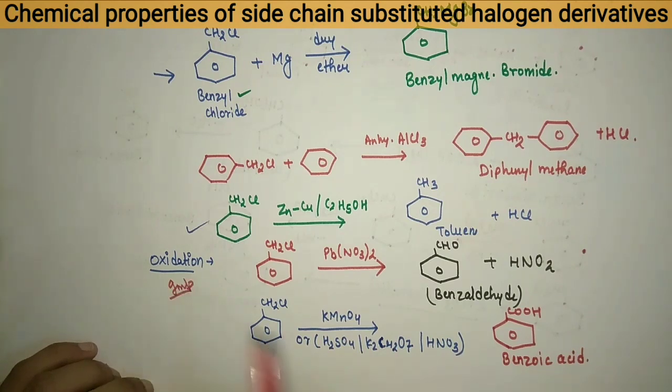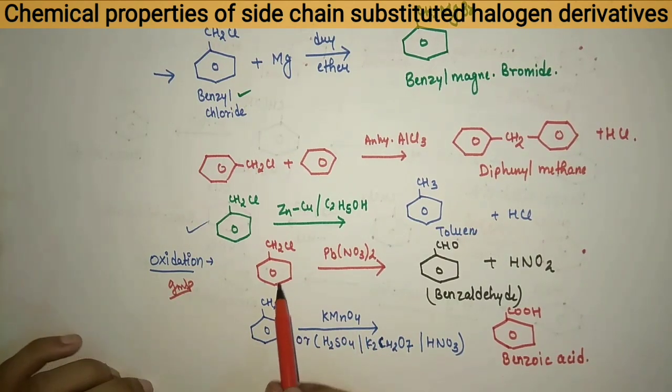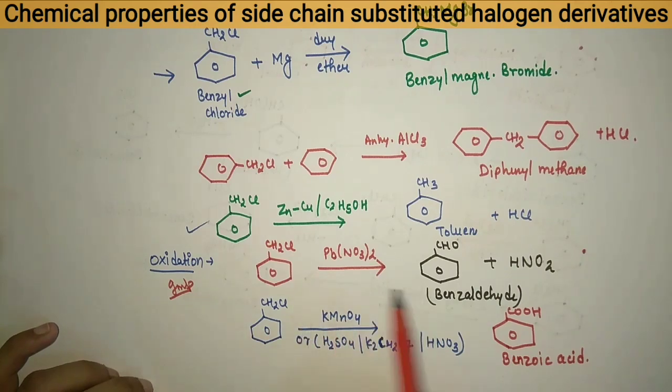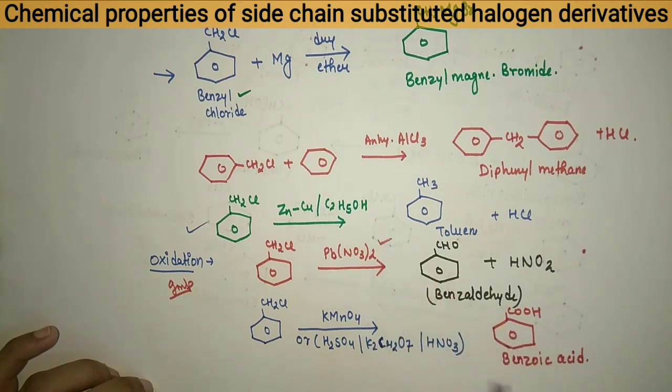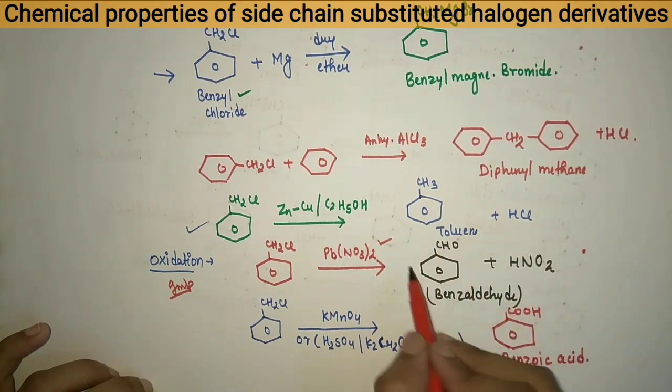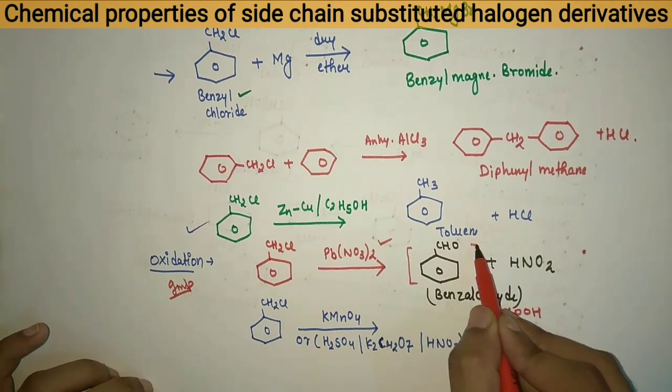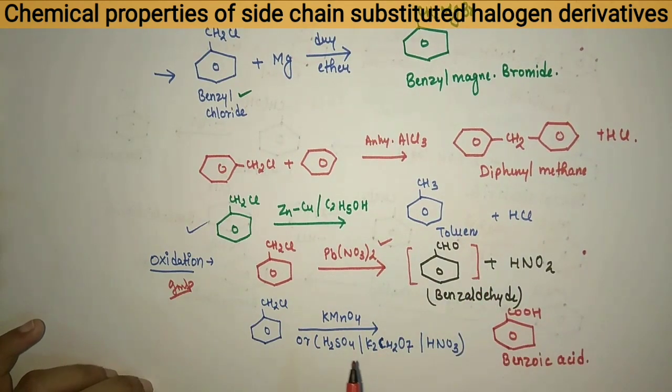Okay, so what happened when our benzyl chloride, any substituted haloarene, undergoes oxidation with the lead nitrate? It will form benzaldehyde as a product.